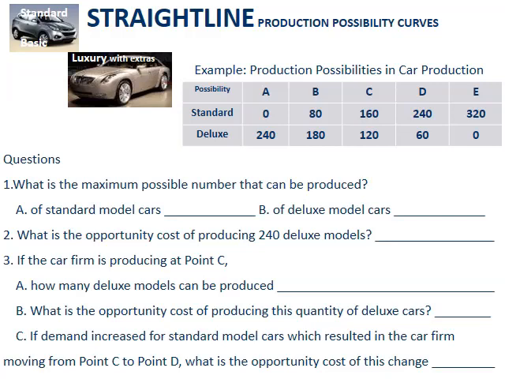Well, you can also produce 160 standard model cars, but you've given up the possibility, if you had put all your resources into producing standard model cars, you could have produced 320. So the opportunity cost of choosing to produce at point C is the 160 standard model cars that could have been produced.